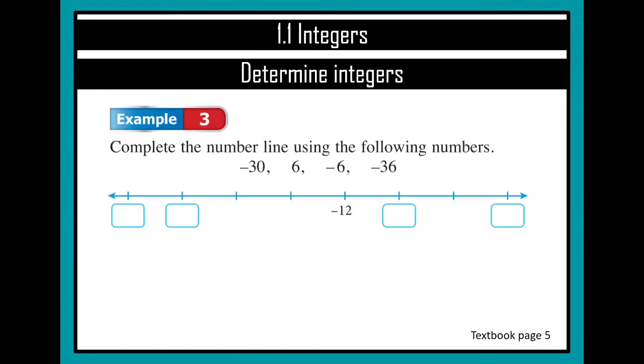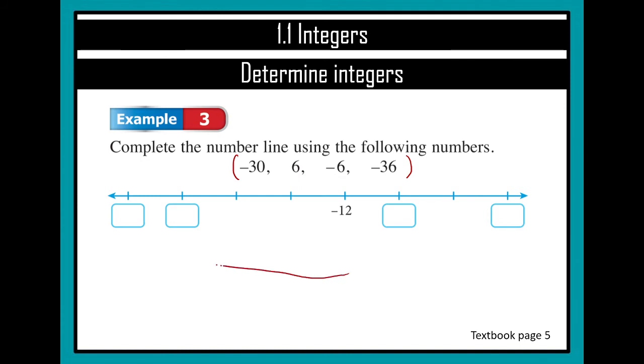Let's look. We know that not every time there will be a 0. From this number line, let me change color so that you don't get confused. The given numbers are negative 36, negative 6, and negative 36. In the example on the number line, we already have negative 12.